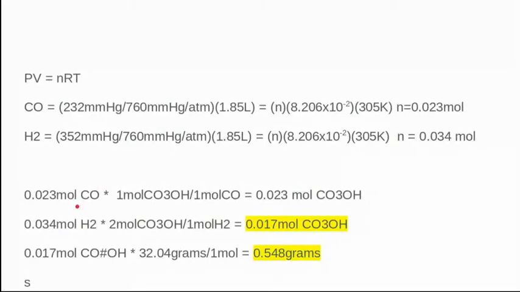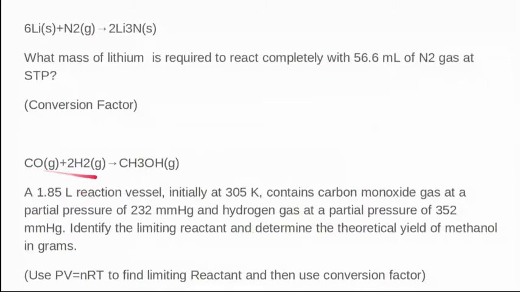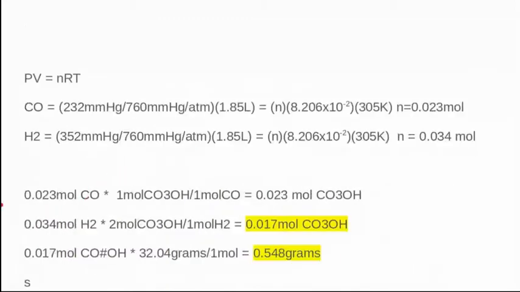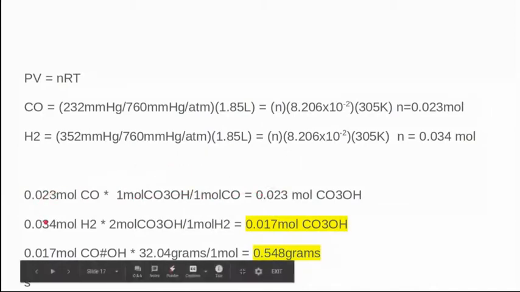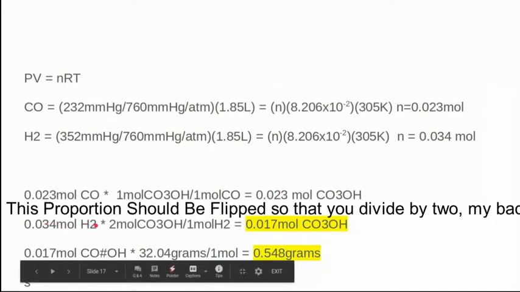This is because if you come down here, you can see from the equation that 1 mole of CO gives 1 mole of CH3OH, but 2 moles of H2 only produces 1 mole of this. So we have to take our moles and then use our conversion. So 0.23, and there's 1 mole of this and 1 mole of this, so the number's going to stay the same. But here we have 0.034 moles.